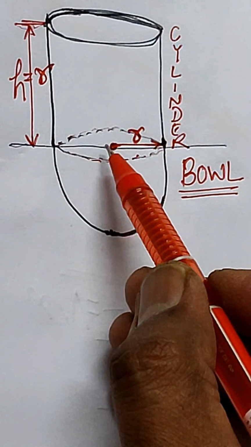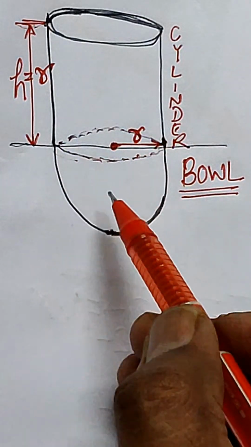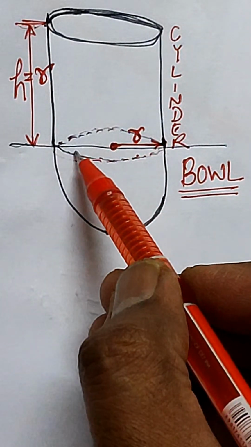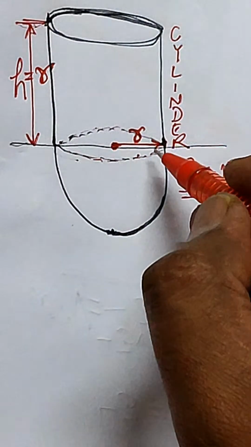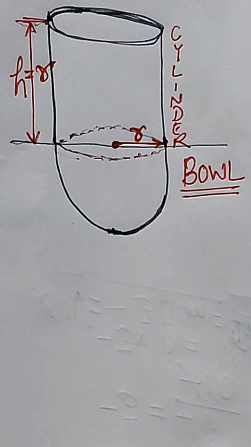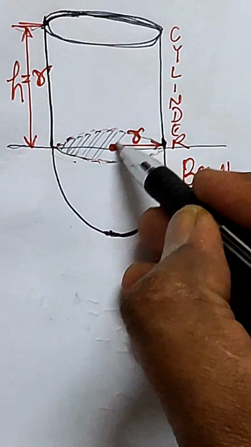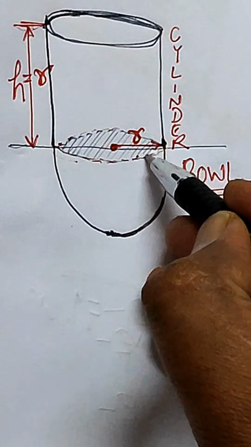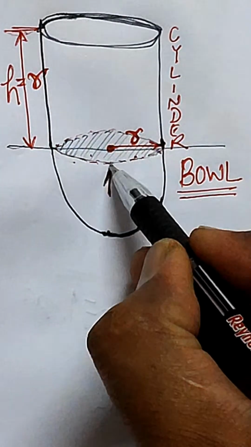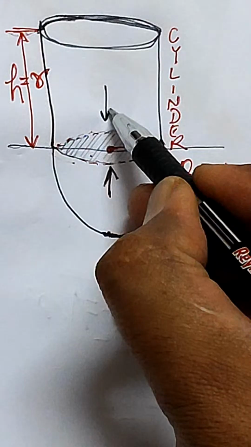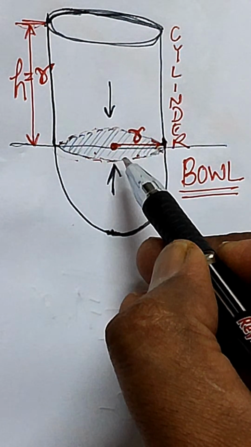The cross section of this hemispherical bowl is matching with the cross section of the cylinder. I am saying that this shaded portion is the joint, the matching portion from which this bowl and this cylinder are in contact. I hope you understand.